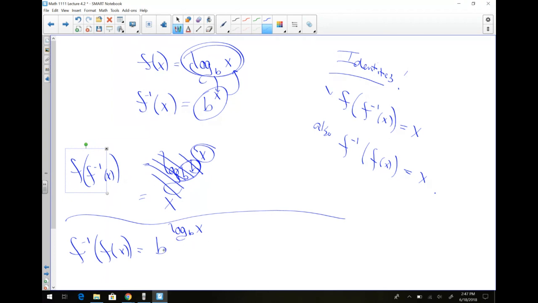Note that these bases are the same, so that has to hold true, and that's x. Because these bases are equal to each other, they cancel out because they're inverses of each other. Think of some other inverses that you know, like the square and the square root.